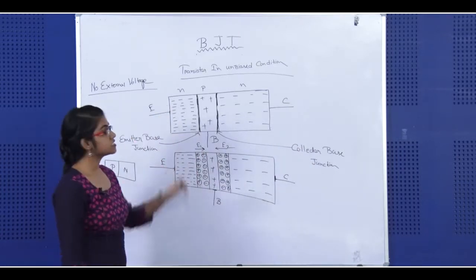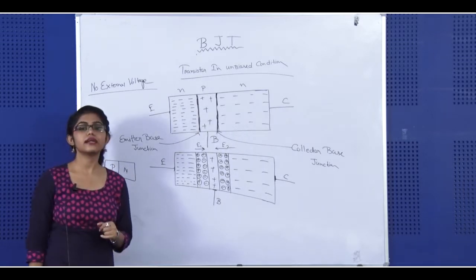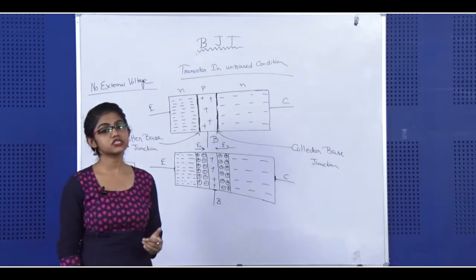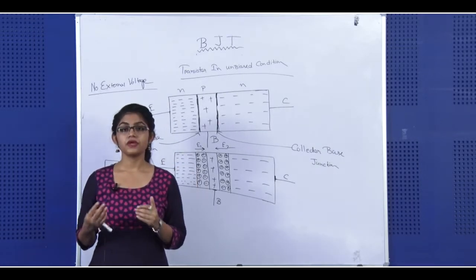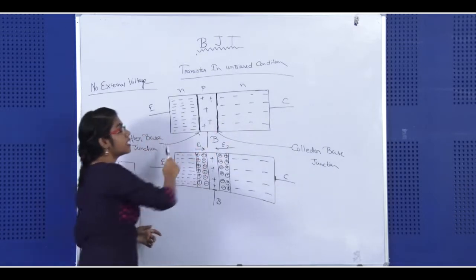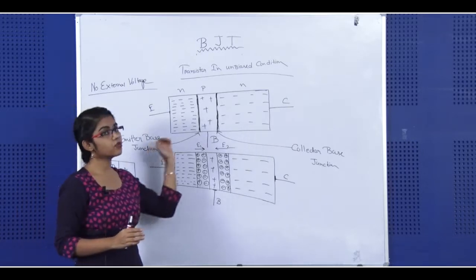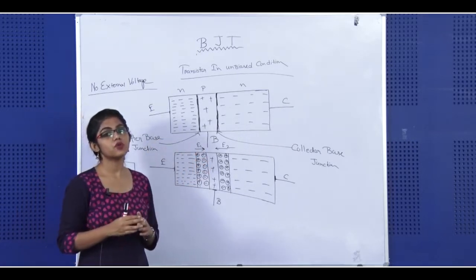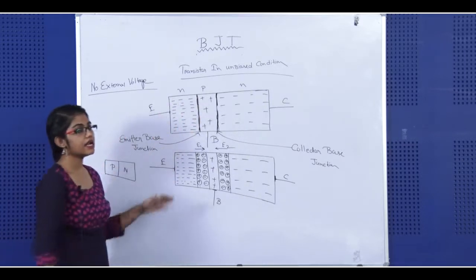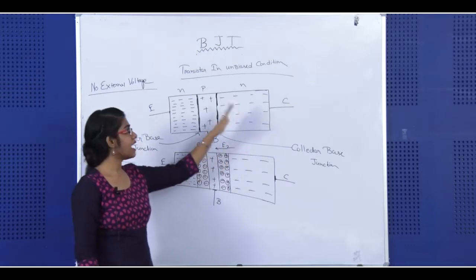Now, at the junction, diffusion will take place. Diffusion means the charge carriers move from higher concentration to lower concentration because of the concentration gradient. That means if the concentration of charge carriers is not the same throughout the structure, then the charge carriers will move to make it equal. In the emitter, the concentration of electrons is higher than at the collector and base.